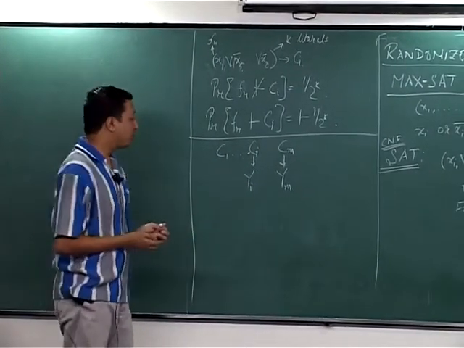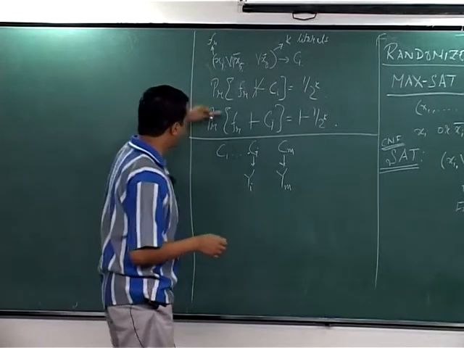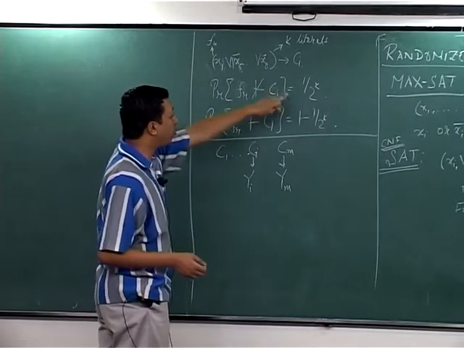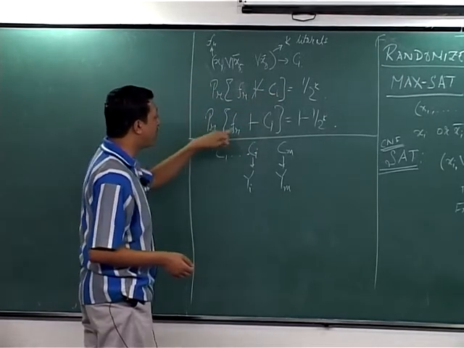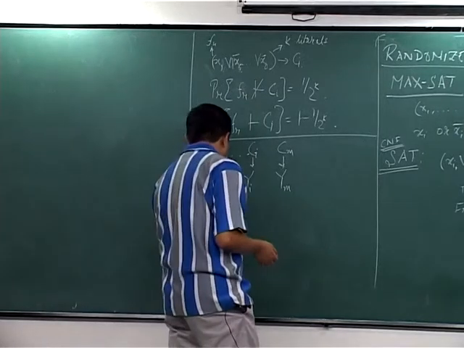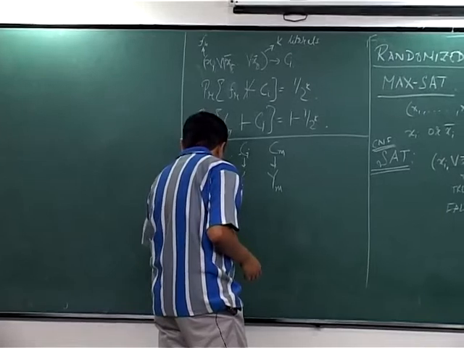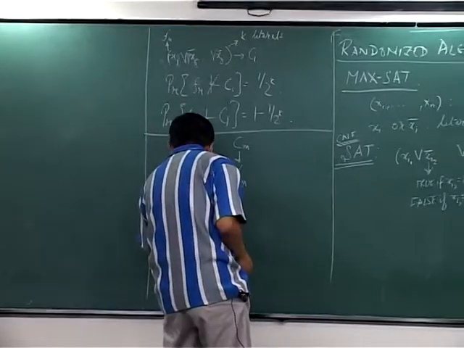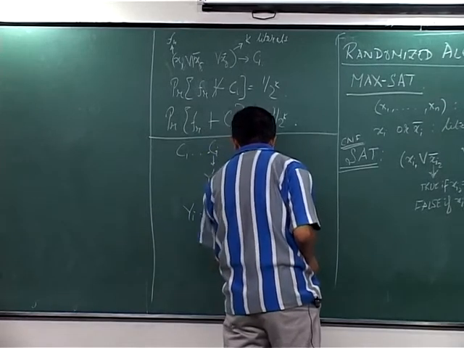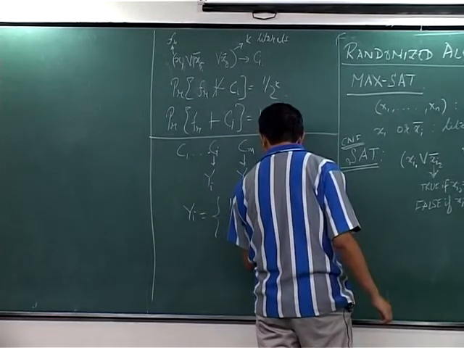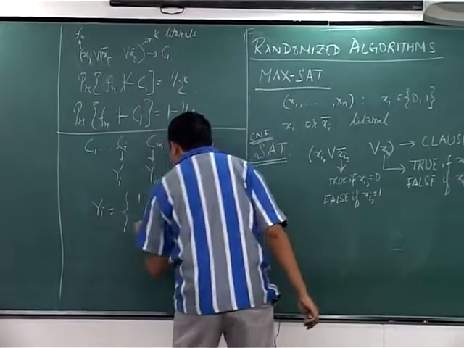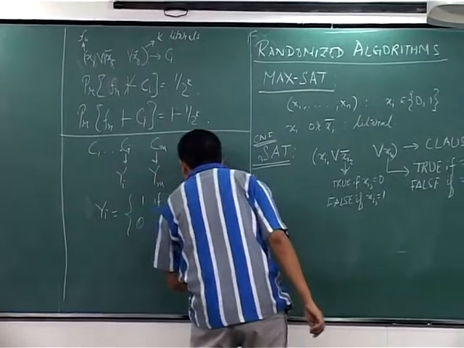So what is the probability? This basically says that the probability yi is 0 is 1 by 2 power k, and the probability yi is 1 is 1 minus that. So let me state it: yi is 1 if the random assignment satisfies ci and 0 otherwise.